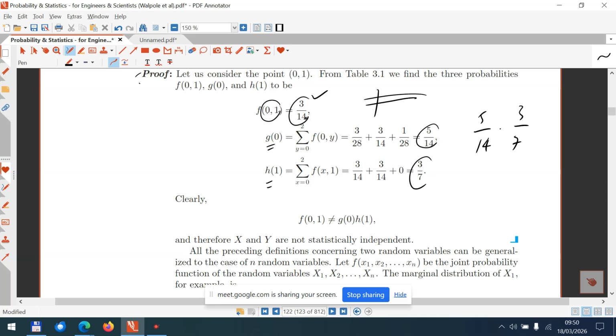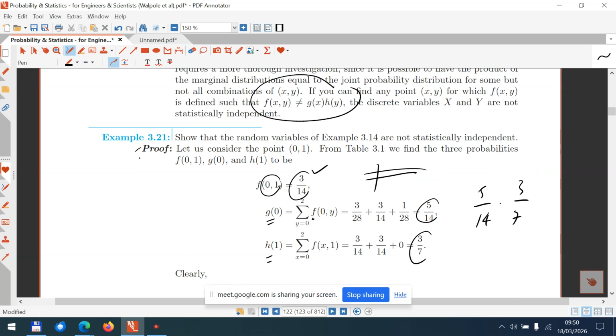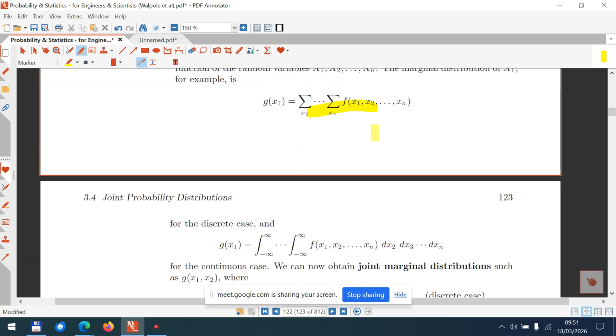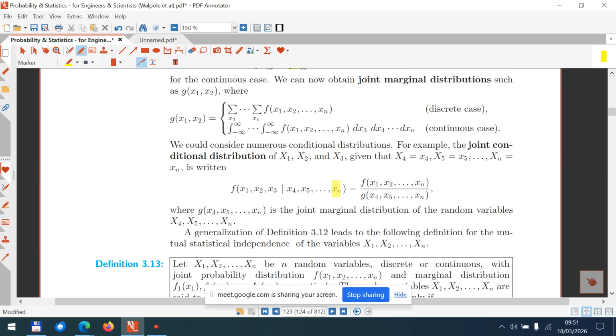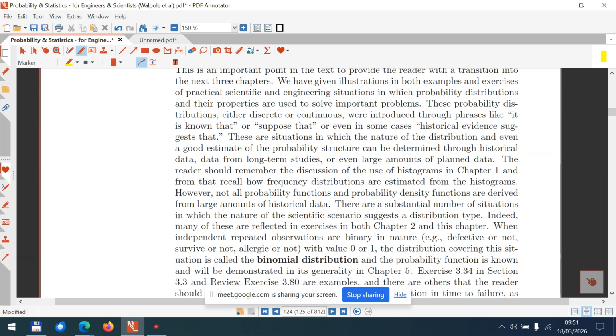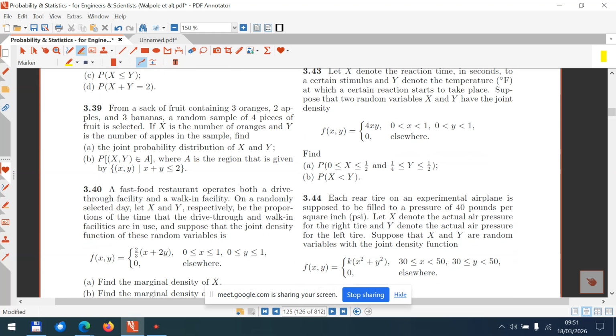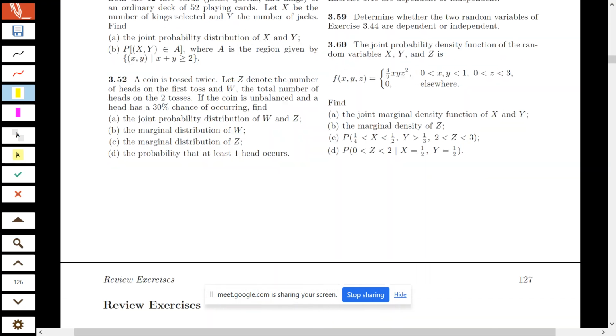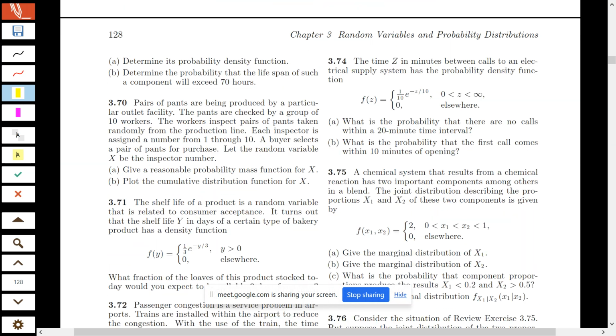So this one bad example is enough to say that x and y in that example were not independent. We are skipping these multivariable cases in this course. And now we are ready to begin expectation as our next topic.